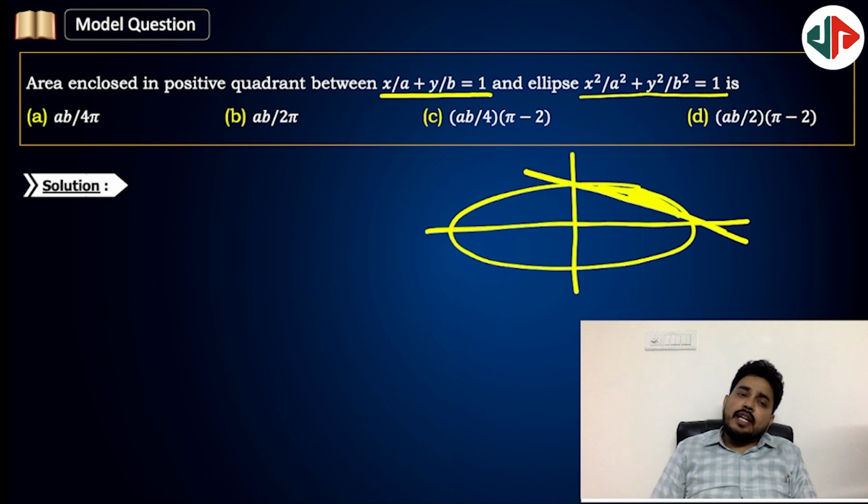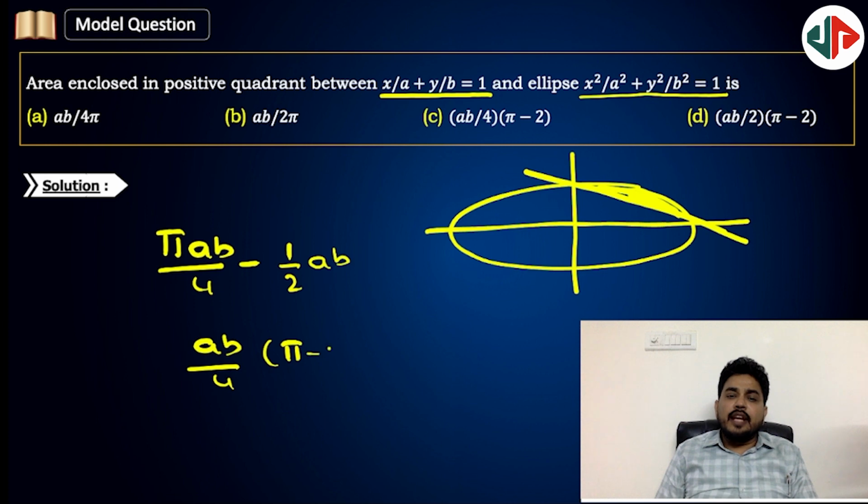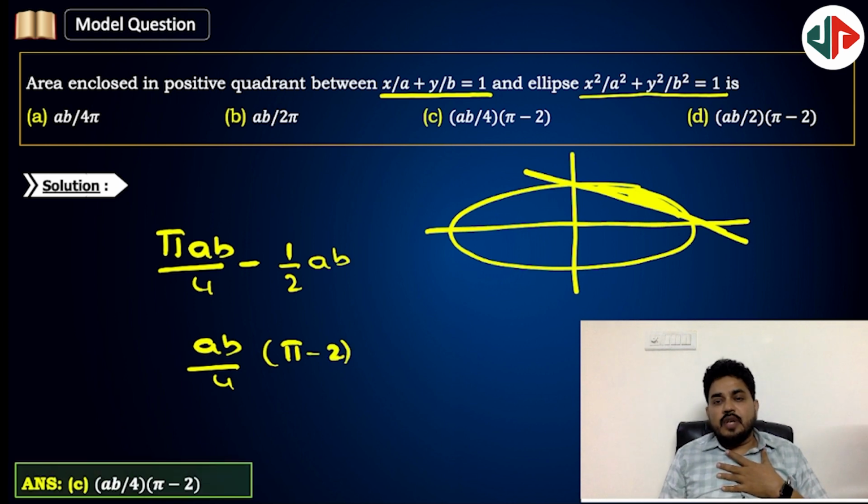You know the total area is pi AB. But if I take this one, one fourth of it minus the area of this triangle, which is half of AB. So if I take AB by 4 common, then you are going to get pi minus 2 as the answer. So I need this area.